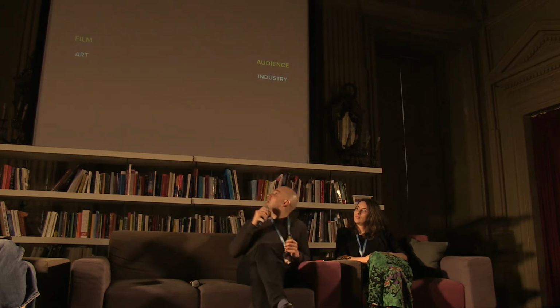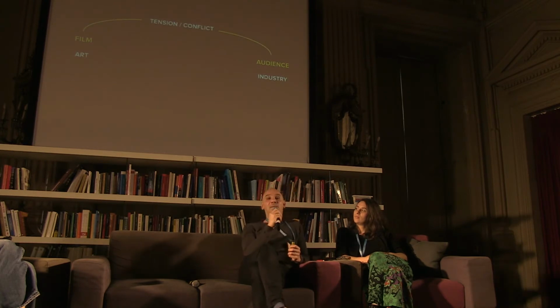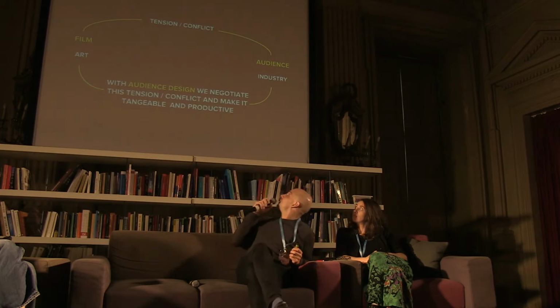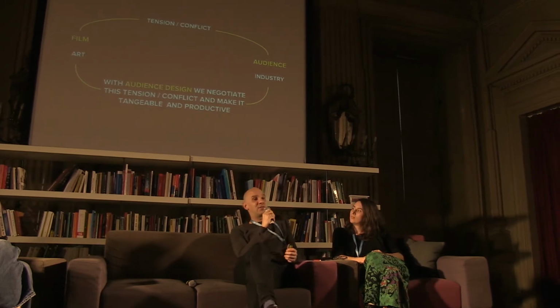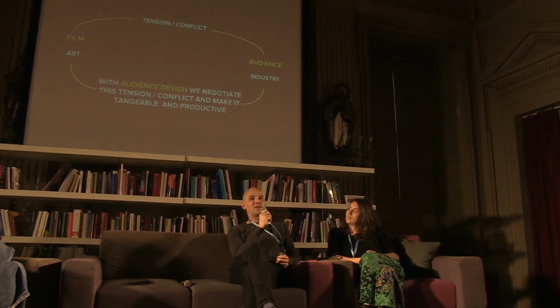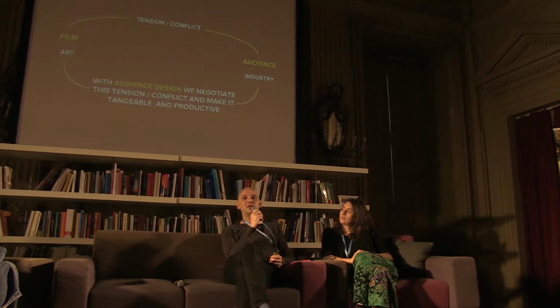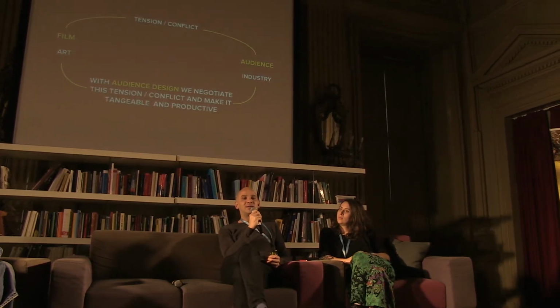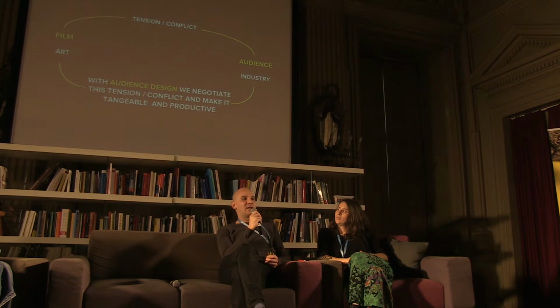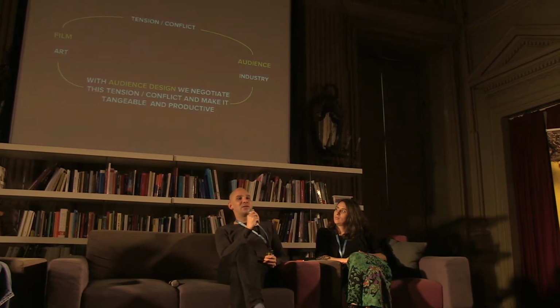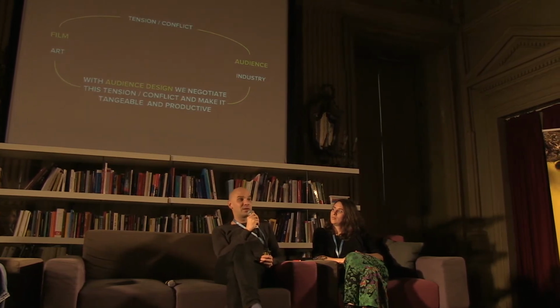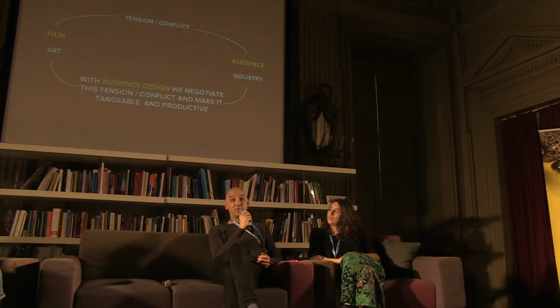And that's why Torino Film Lab founded this audience design program, to negotiate this tension, which is maybe not always a conflict, but it's definitely a challenge, because it is inherent in every filmmaking process that you want to do art, but you also want to reach your audience.